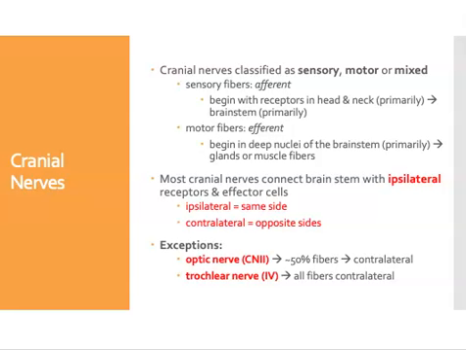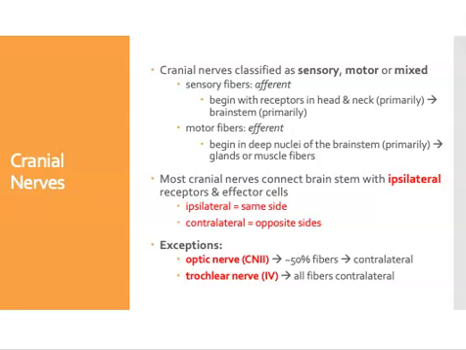And when those two roots come together, just outside of the intervertebral foramen, they join to create that one spinal nerve as it travels out to the periphery. And that spinal nerve then is mixed. It has both sensory and motor components.